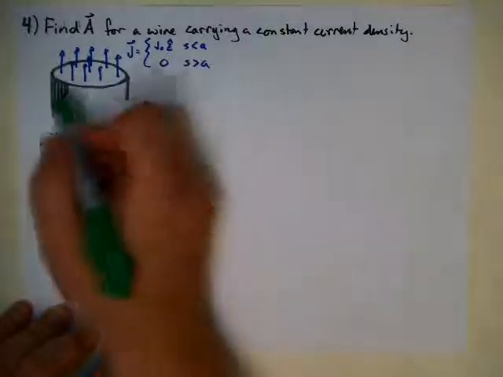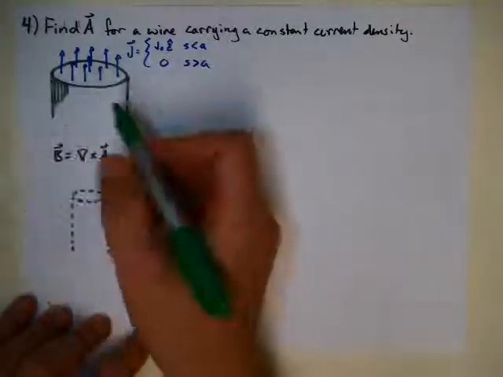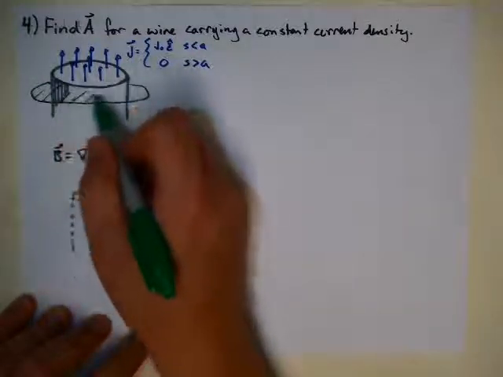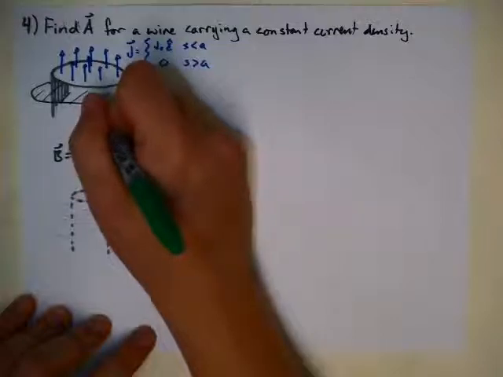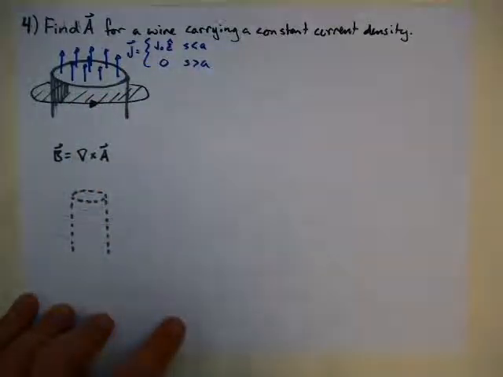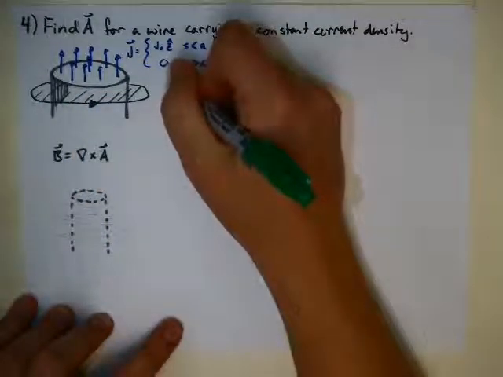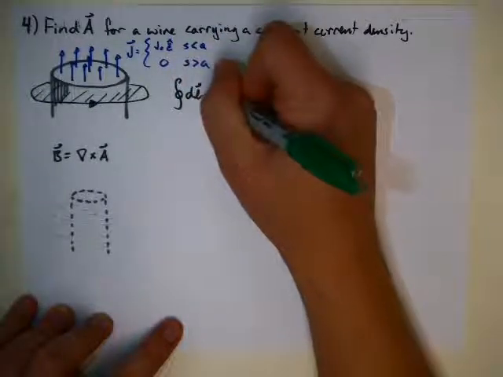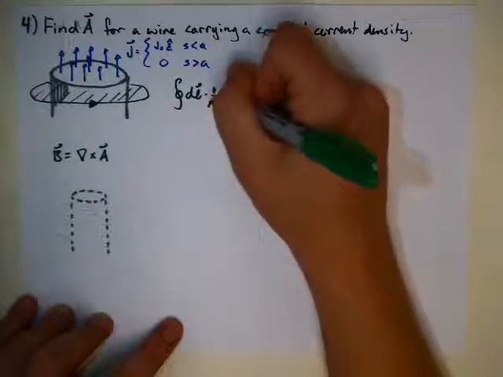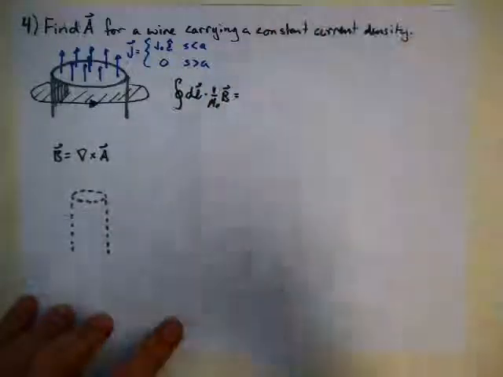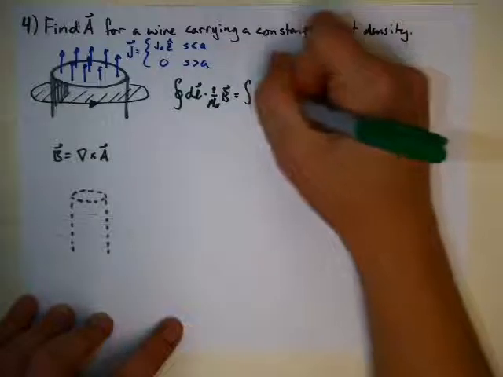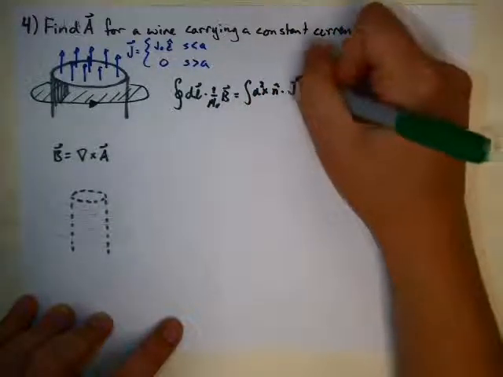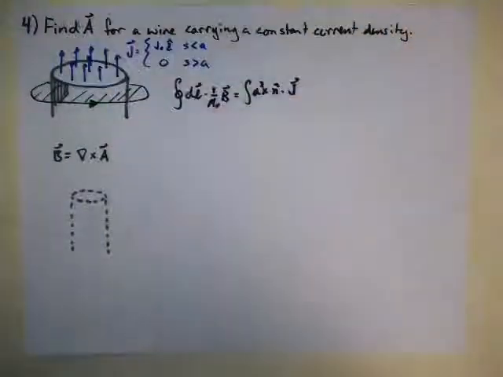And so for Ampere's law, all we're going to do is draw a circular Amperian circuit around our wire, and I'm going to go in that direction. Ampere's law is written down as the path integral over the loop of dl dot 1 over mu naught B is equal to the integral d2x n hat dot J, the amount that goes through this circuit.